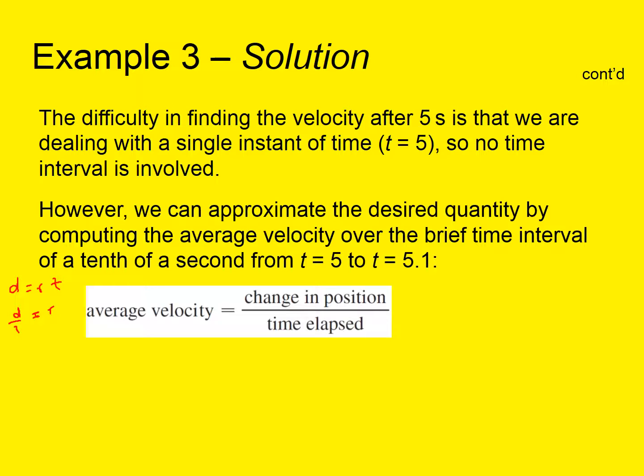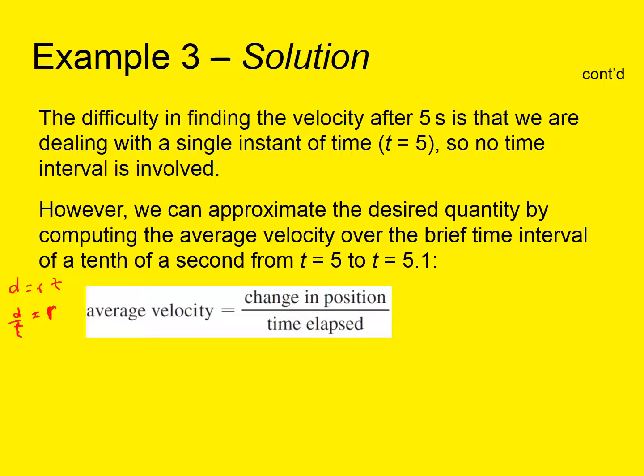The rate, that is velocity or speed, they're all the same thing, equals distance divided by time. Change in position is the distance divided by time. Now, this is the average rate of change of position with respect to time.